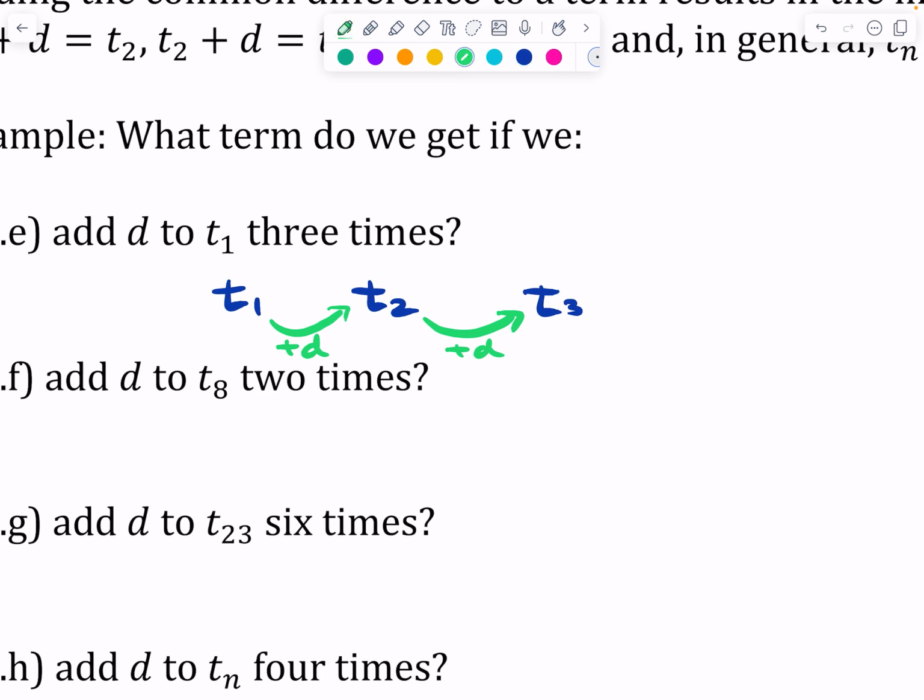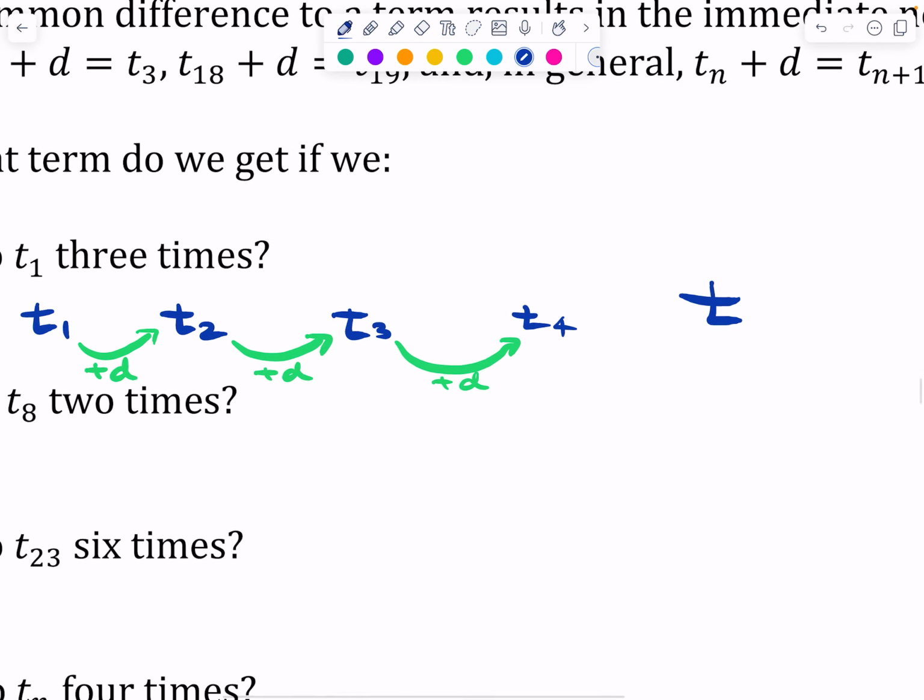And if we add that difference a third time, now we've added that difference to term 3, so we get term 4. So the term we get is term 4.